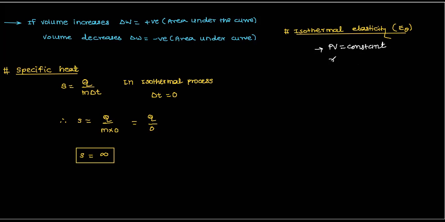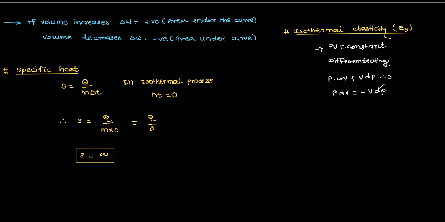Differentiating, first I get P dV plus V dP is equal to 0, and therefore P dV is equal to minus V dP.